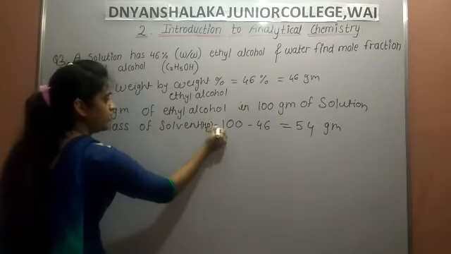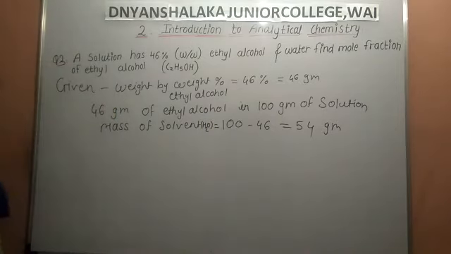So mass of solvent H2O we get 100 minus 46, which is equal to 54 gram. In this example we are given the mass percent value of 46%, so 46% is equal to 46 gram. So I found the mass of solvent, water: 100 minus 46 equals 54 gram.